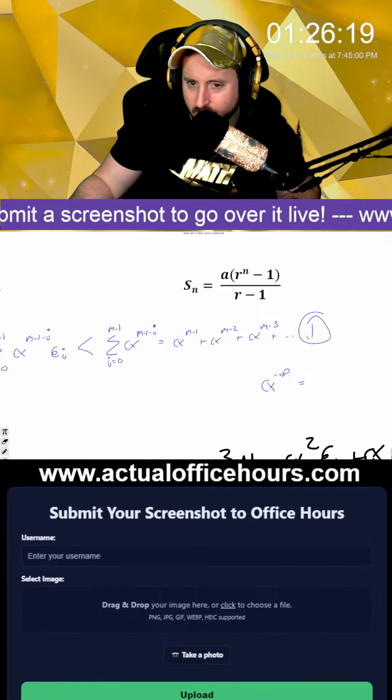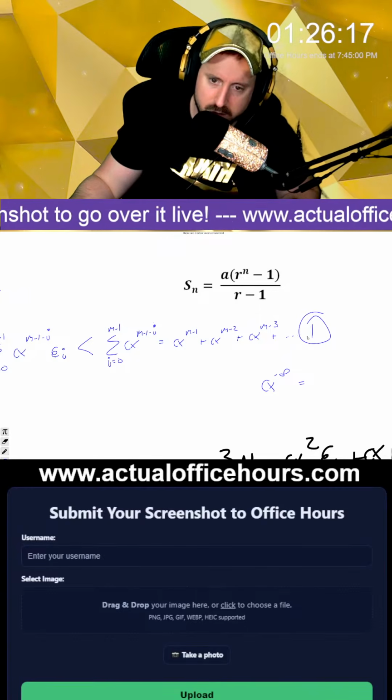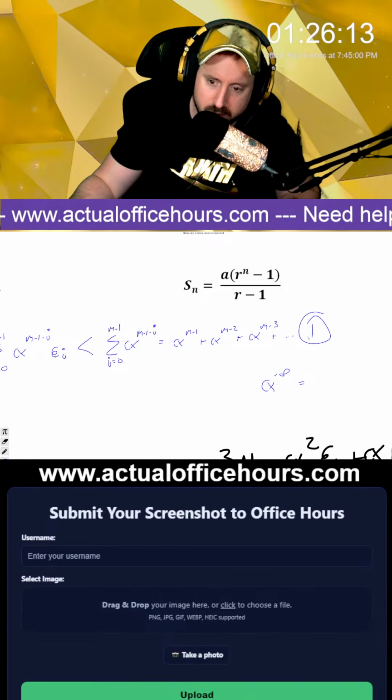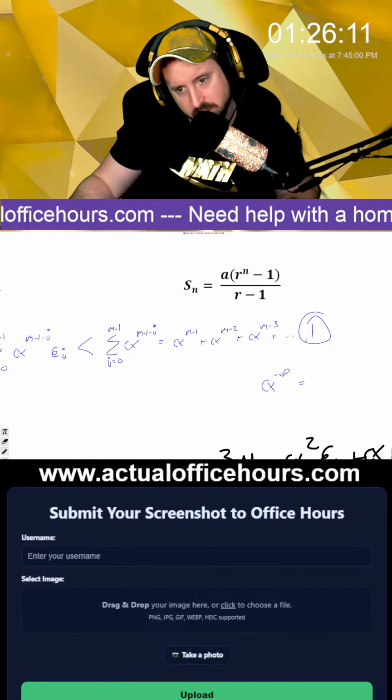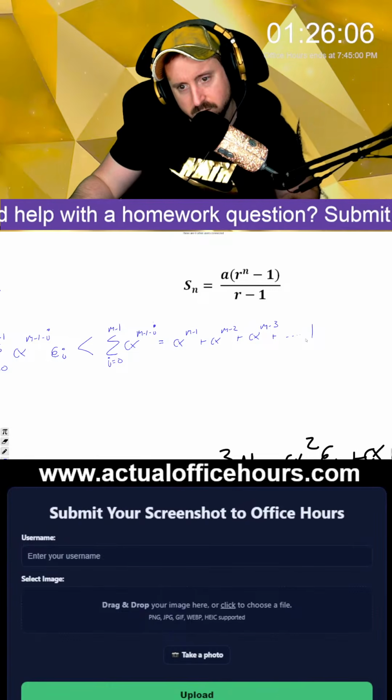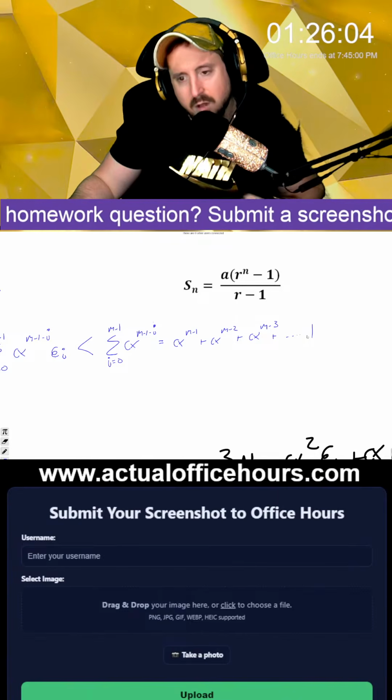No, it's plus 1. Why is it plus 1? Because the ratio is going to be alpha, I believe. Check: alpha to the m minus 1 divided by alpha to the m minus 2 is going to be alpha. So that's the common ratio.